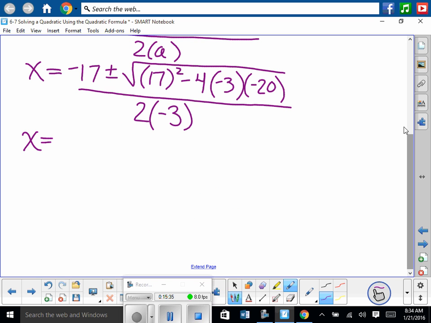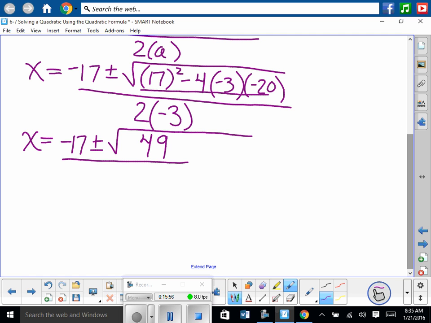So we have x is equal to negative 17 plus or minus the square root. Don't take the square root, just type this part into your calculator, because in a later day we're going to have imaginary solutions. Not today, but minus 4 times. Everyone should practice typing it in. 49. Yes, very good. We have 49 under here, and that's all over 2 times negative 3, which is negative 6, right?